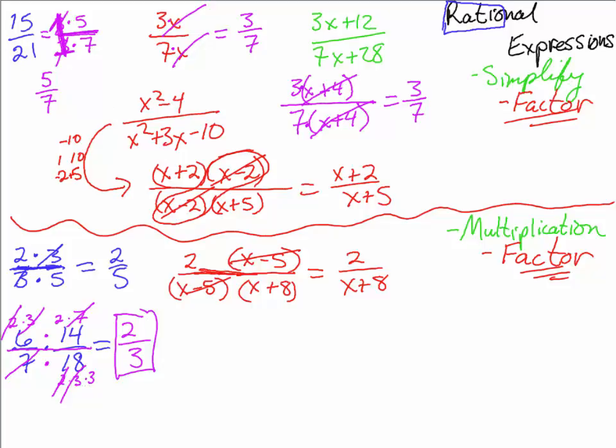Let's see what it looks like with polynomials. Here's one. X squared plus 4x minus 21 all over x plus 3. Now again, can the x cancel the 3 with the 21? No, that's addition. You'd have to cancel the entire x plus 3 with something on the top.